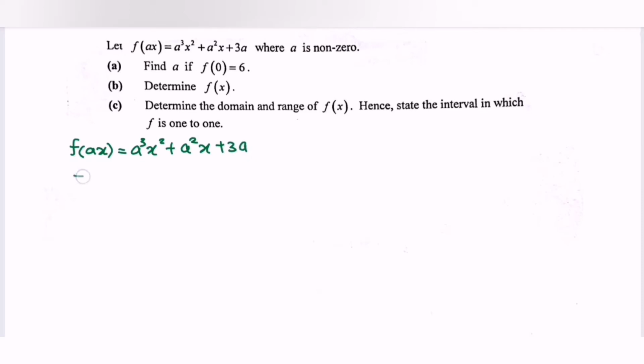Given f(0), meaning that x is 0, equals 6. On the right hand side we have 6, and on the left hand side we have f(0), so we substitute x with 0. So a^3 multiplied with 0 plus a squared multiplied with 0 plus 3a is equal to 6. So 3a is equal to 6 and a is equal to 2.